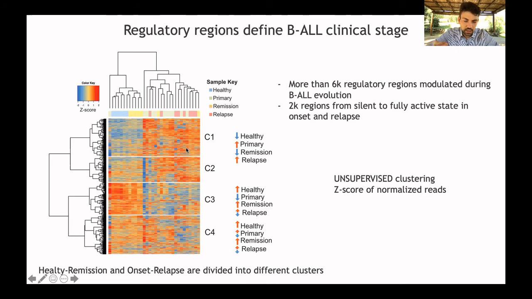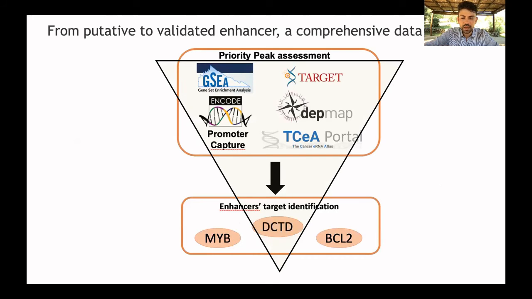So we focused our investigation on those regions and performed a comprehensive data integration with the ENCODE data, H3K27 and H3K4 monomethylation, allowing for the identification of accessible regions, the enhancers, and specifically enhancers and promoters, and then the dataset from TARGET, which is the most comprehensive data set of transcriptional profiles in acute lymphoblastic leukemia, and the Cancer eRNA Atlas, which allowed us to prioritize our targets because it includes enhancer expression using eRNA and the relative gene target.